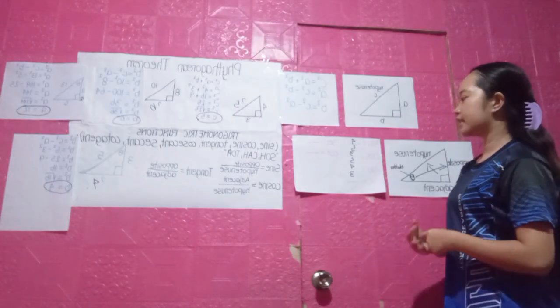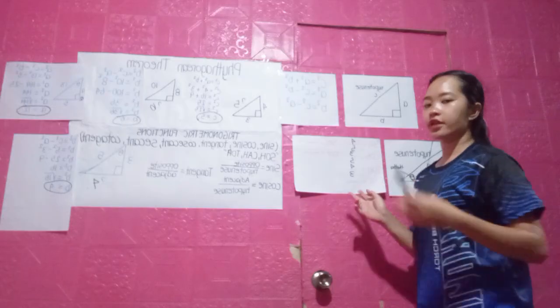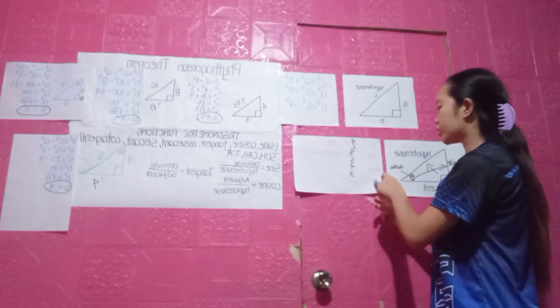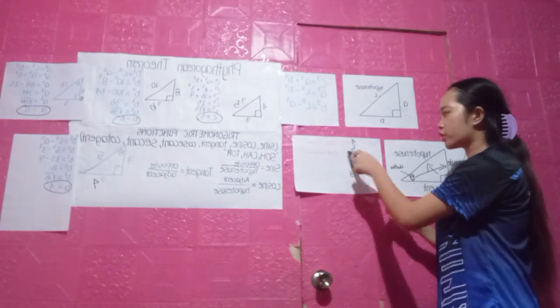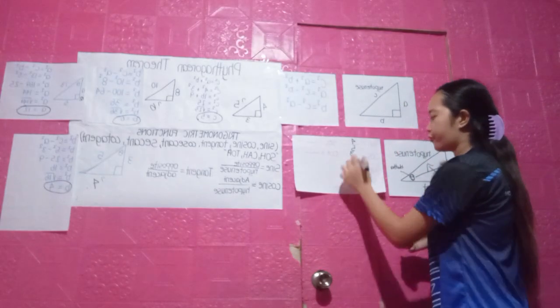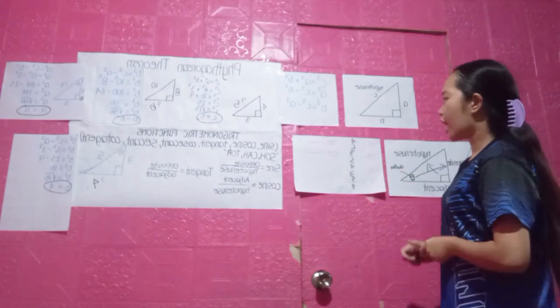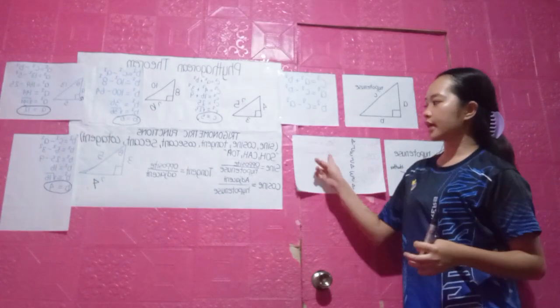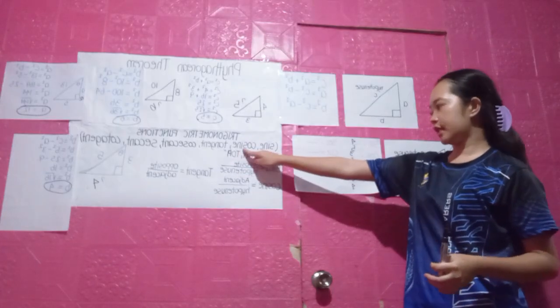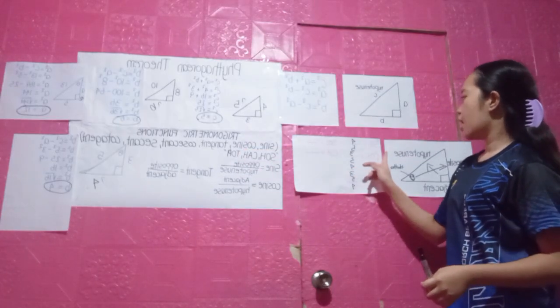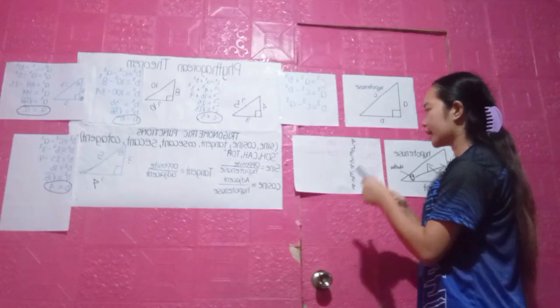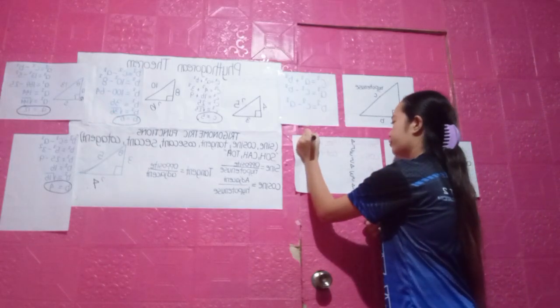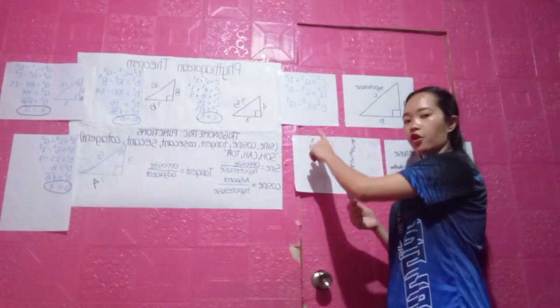And as I said earlier, cosecant is the reciprocal of sine, so cosecant equals 5 over 4. Now we have secant, and secant is the reciprocal of cosine. Cosine is 3 over 5, so secant equals 5 over 3.